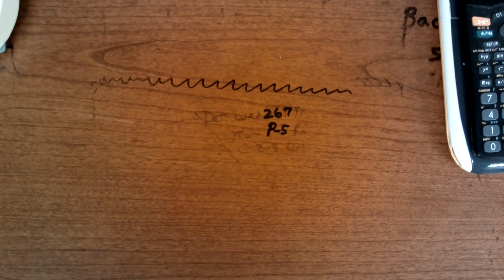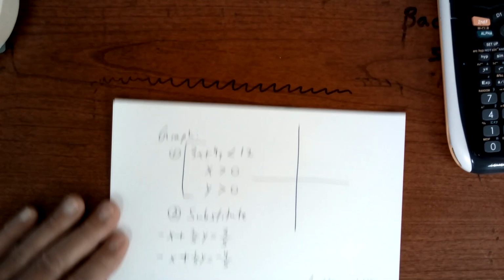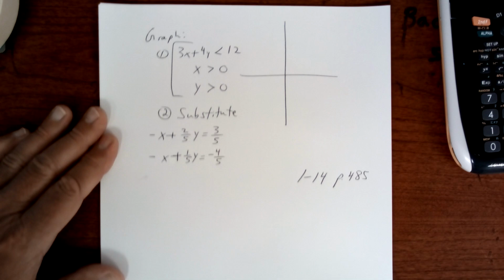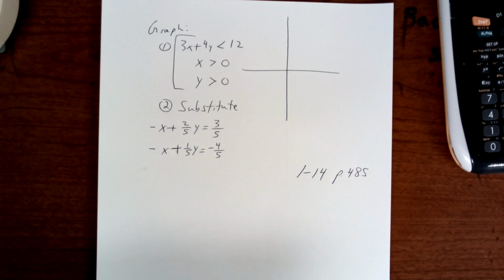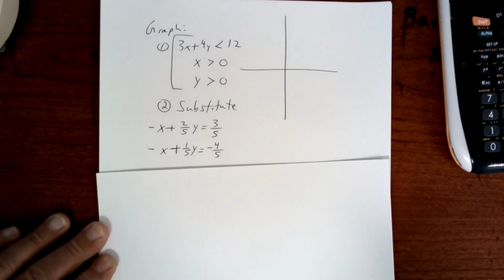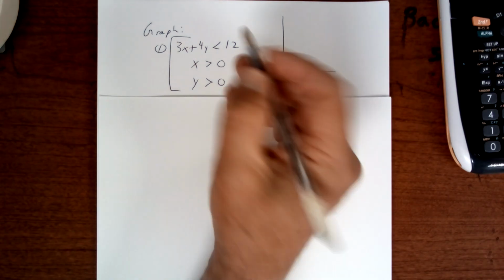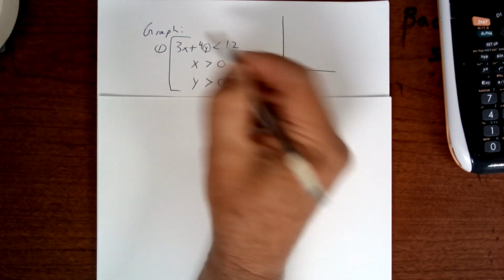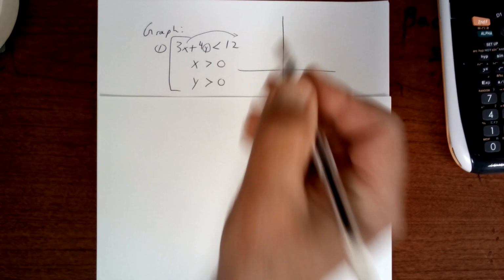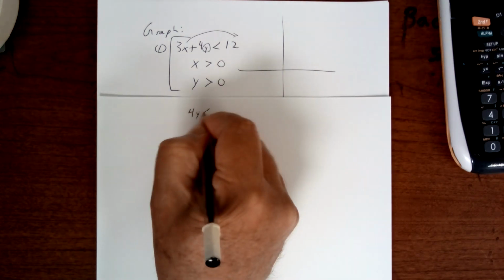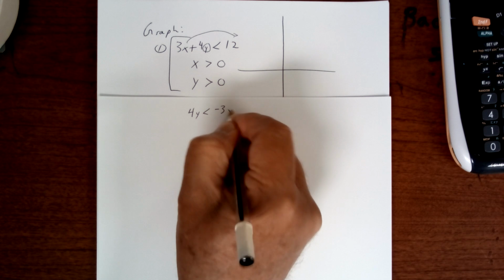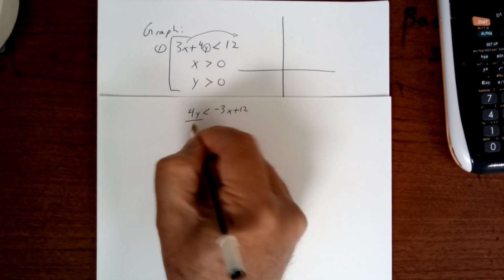Let's turn our attention now to college algebra here. So for college algebra, on this first one, you got to graph it. Well, let me think about this. We've got to get y by itself. So you're going to move the 3x over. That becomes a negative. Then you're going to divide by 4.